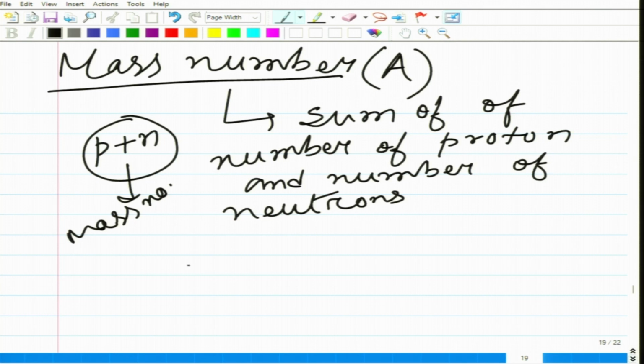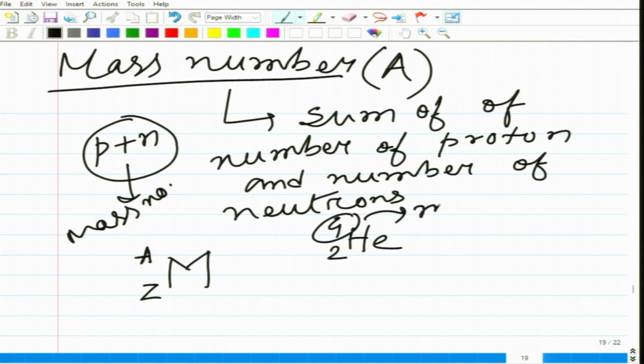If suppose an element, let's consider it as M, then it is written in this configuration. Mass number A is written at the top and atomic number Z is written at the bottom. So, all this while when we were representing alpha particles, that is helium, like this, we were actually representing the mass number and atomic number. Mass number of helium is 4 and atomic number of helium is 2.